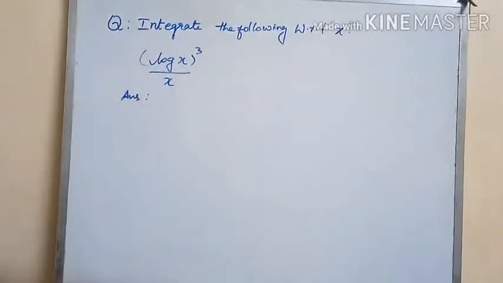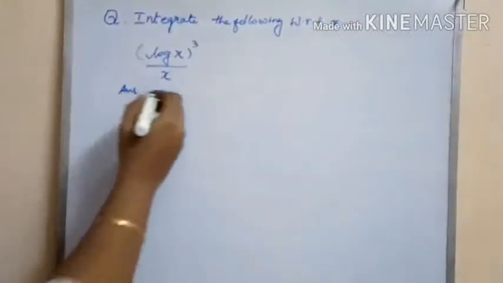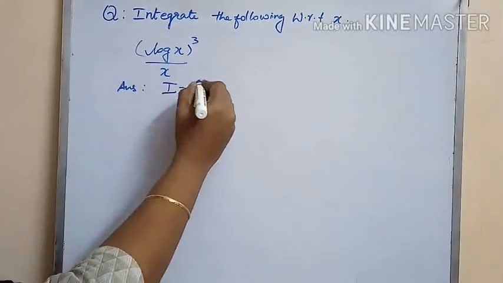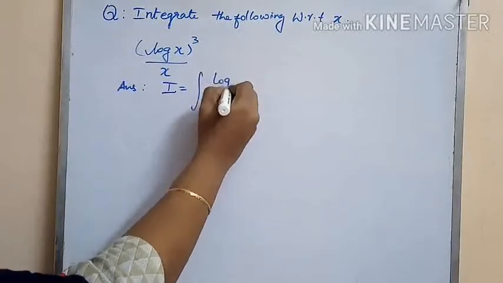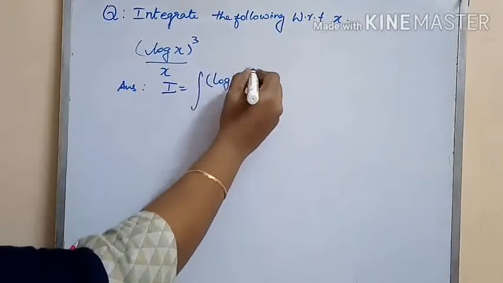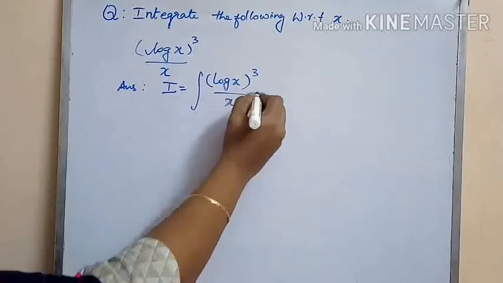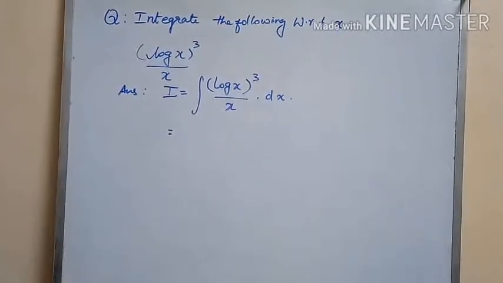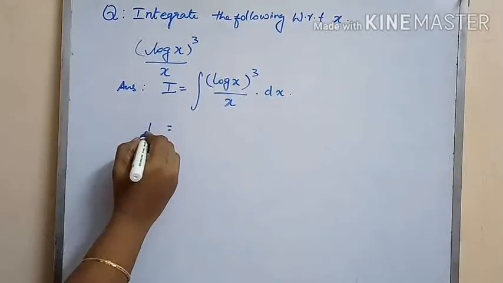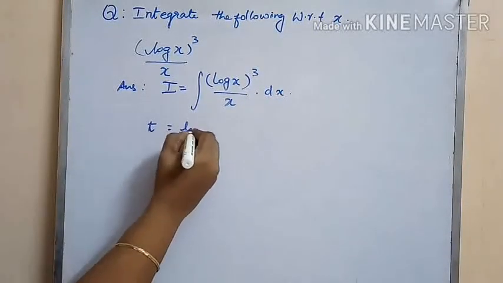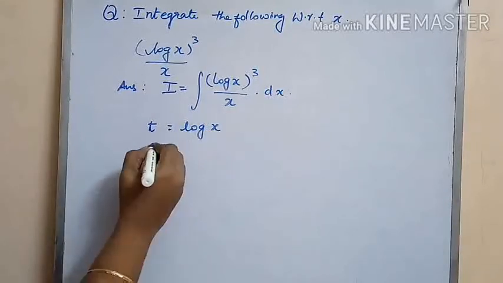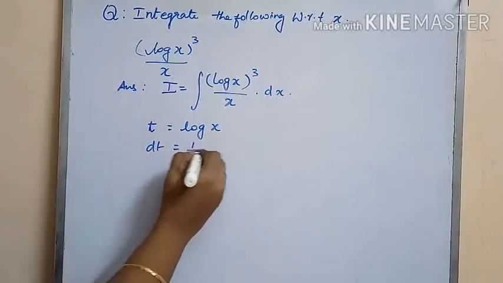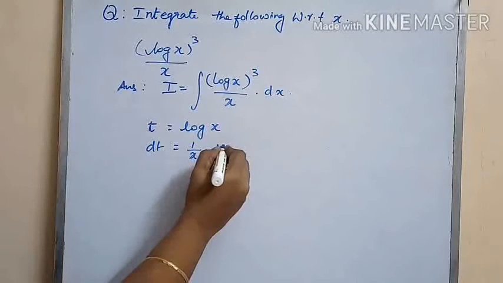The next problem is (log x)³ by x. The substitution we are going to make here is t is equal to log x. So dt is equal to 1 by x dx.